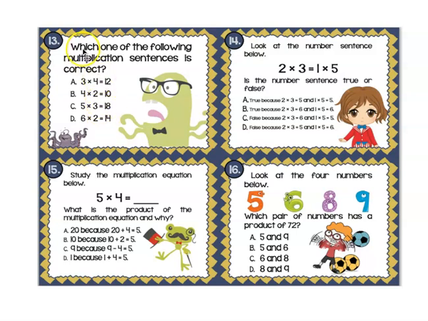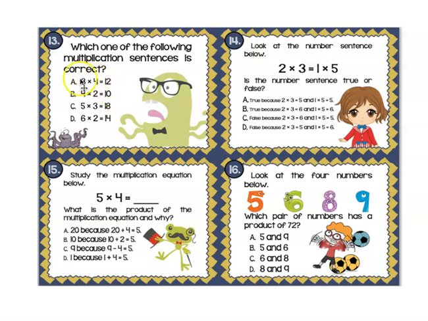So for example, the first one, number 13, says, which one of the following multiplication sentences is correct? So you need to look at answer choice A, 3 times 4 equals 12. Well, 3 times 4 equals 12. I know that if I count 3 4 times, I'm going to get 12, and I could prove that by doing my multiplication chart. That is a true answer.